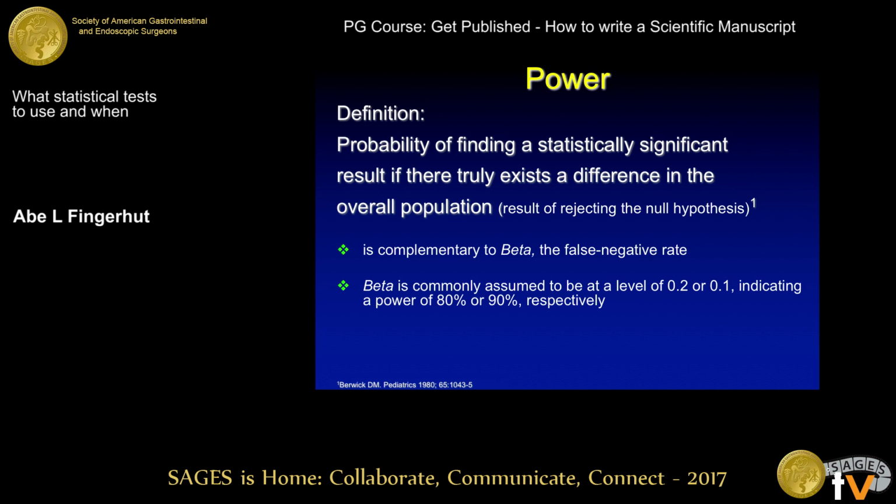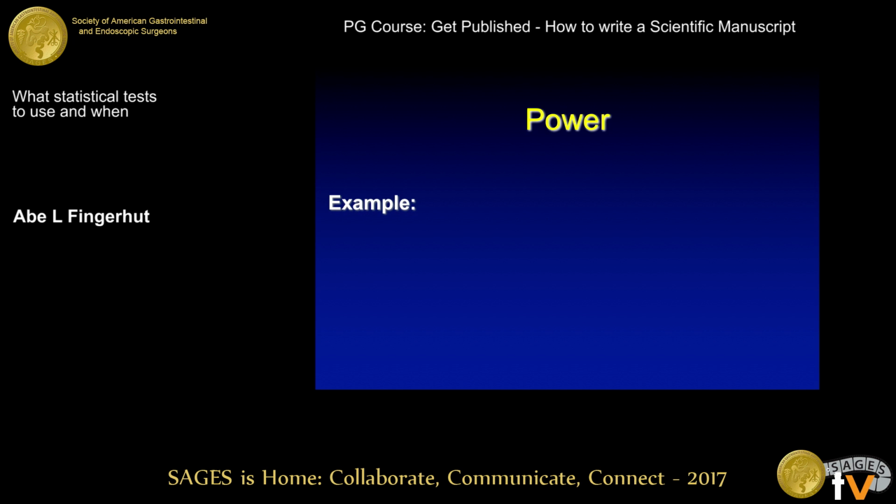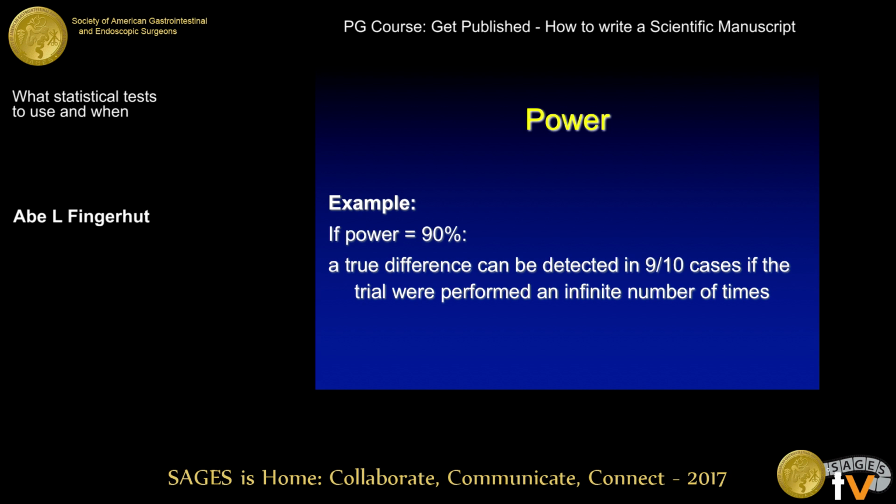Don't forget, we're trying to go from a sample to the overall population to infer that what we have found in the sample is indeed the same in the overall population. But here's where it gets complicated. So, if the power were 90%, it's the complement of the beta error, which would be 10% here. It means that there would be a true difference detected in 9 out of 10 cases if the trial were performed a number of times.